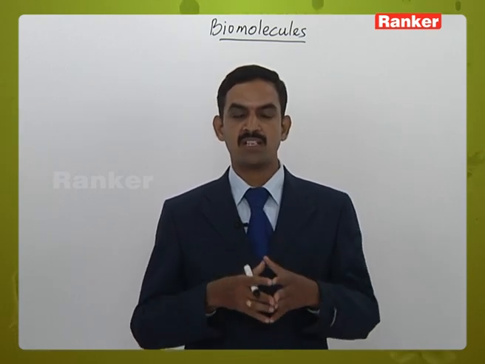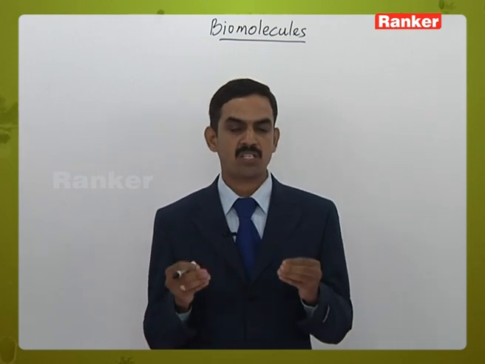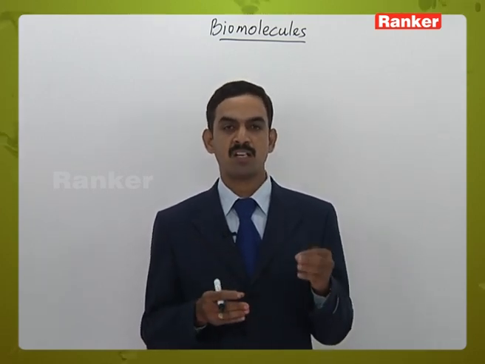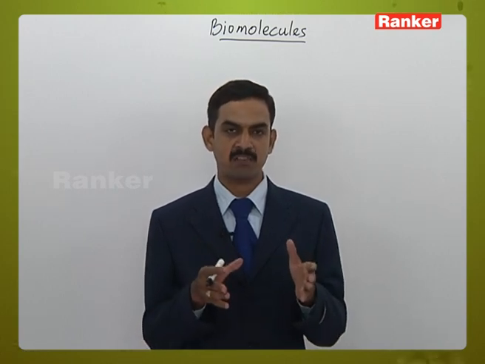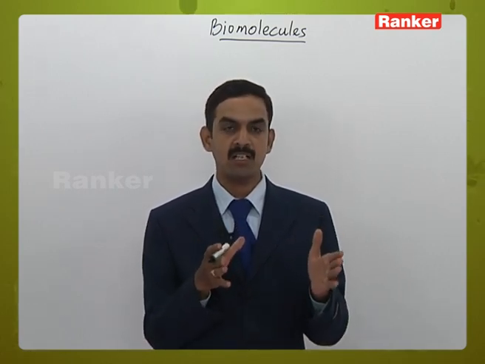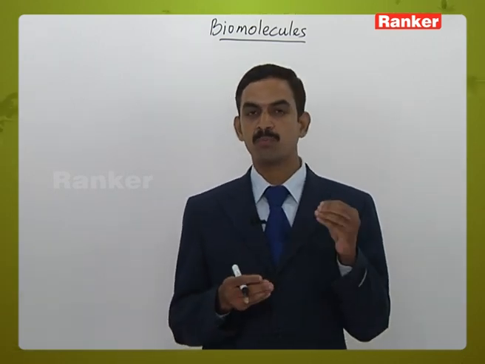So how can we know the presence of various types of elements or compounds in a part of any organism? First we have to dry the part of the plant, so that all the water present in the plant body is removed. After drying, we have to burn it.